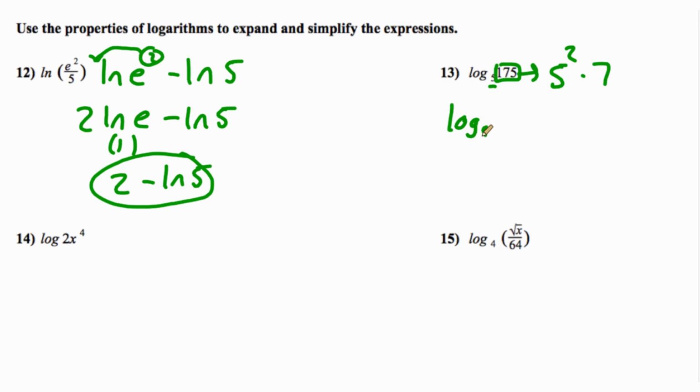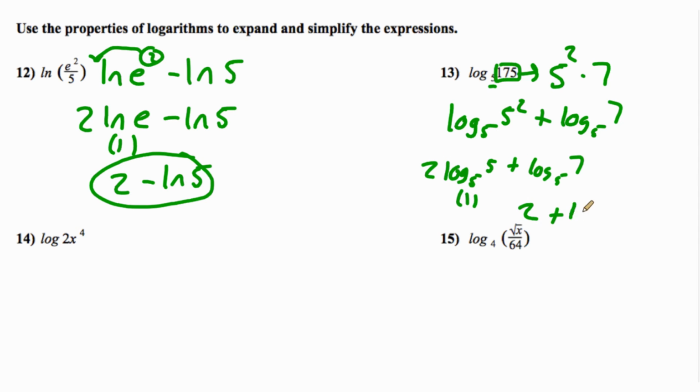So log base 5 of 5 squared plus log base 5 of 7. Now this 5 has that squared power on front, so we're going to drop that in front. So 2 log base 5 of 5 plus log base 5 of 7. Log base 5 of 5 is just 1, so 2 times 1 is 2, plus this log base 5 of 7. And again, there's no more simplifying that we can do there, so this is just our answer.